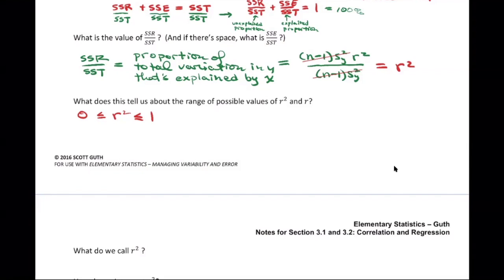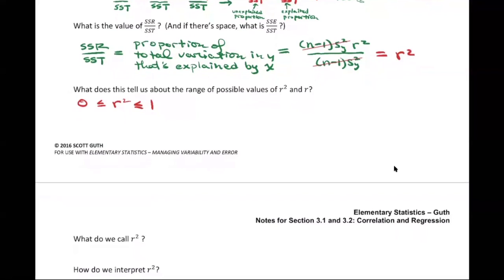You have a part over a whole. The part could never be less than 0, and it could never be more than the whole. So the proportion has to be between 0 and 1, or 0 and 100% if you like. So 1 is the same thing as 100%. 0 is the same thing as 0%. So this is true for any proportion.